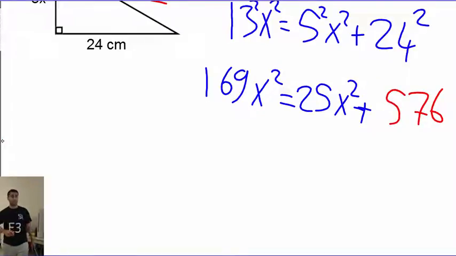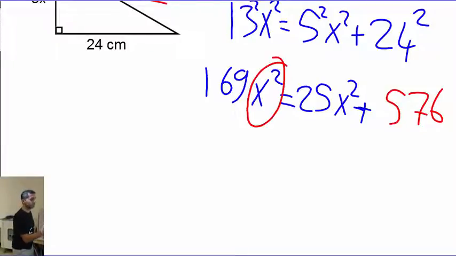Now, 576 here is a regular number. It doesn't have x square. So we cannot combine them and write down 25 plus 576 x squared. We imagine that this 25x square is apple.